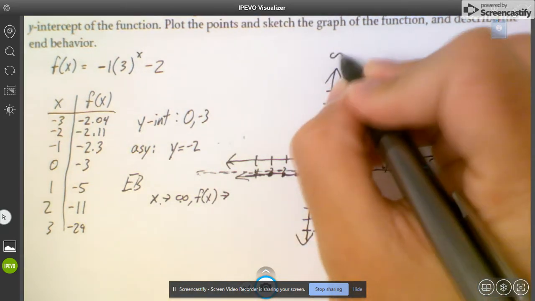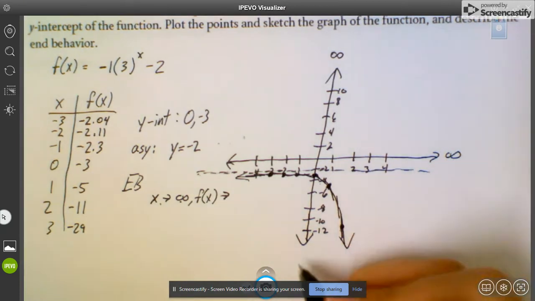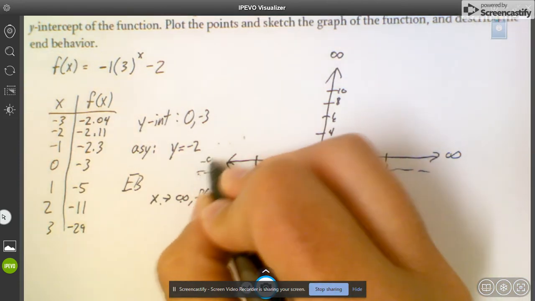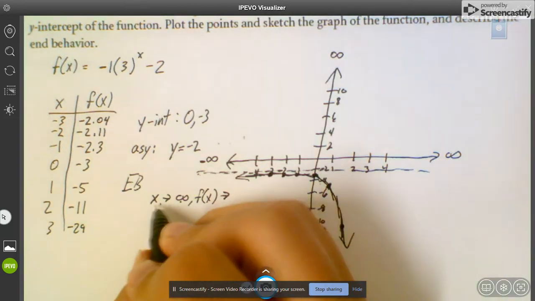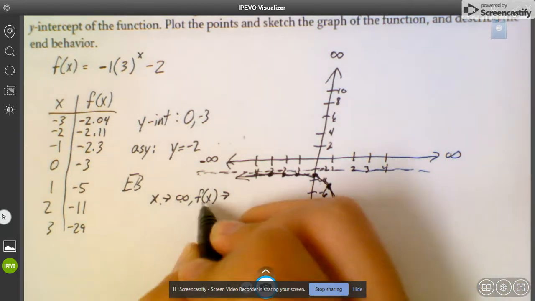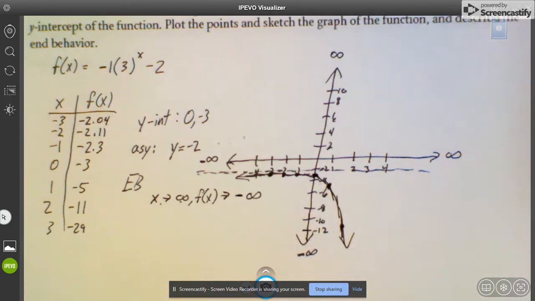Because you have negative infinity down for your y's and positive infinity out to the right for your x values. Okay, so as x goes to infinity, as we go to the right, the graph is going downhill forever and ever. So negative infinity.